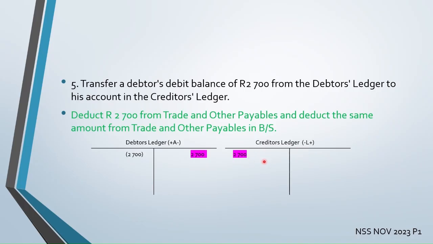That means it's minus on the debit, plus on the credit. Okay, so the debtor's ledger has a debit balance. So now you're going to write it on the credit side to take it out because then it's eliminated. And then because you write it here on the credit side, you're going to write it here on the debit side in the creditor's ledger.